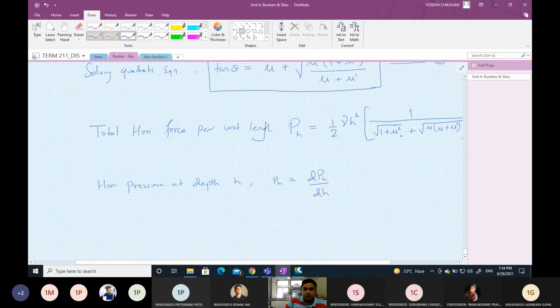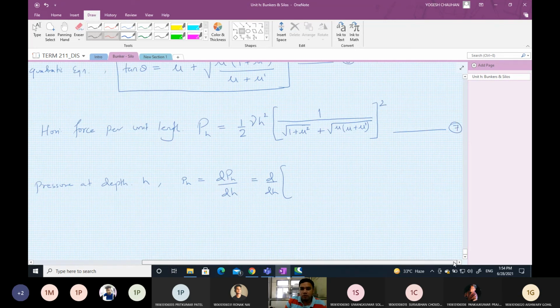So differentiating this term, you will get d/dh of 1/2 γ h² times 1 by (1 plus μ² plus square root of μ plus μ').